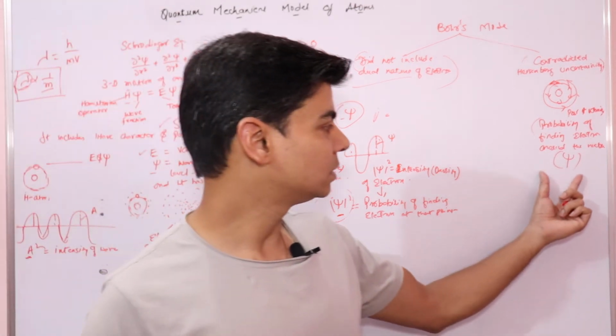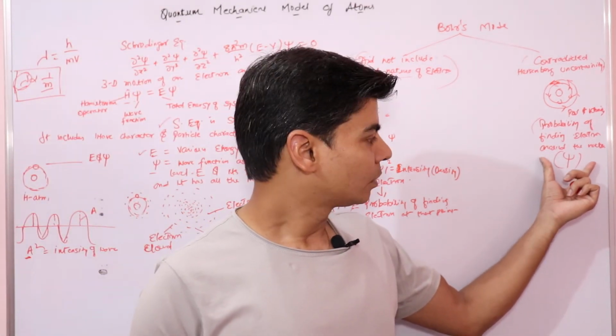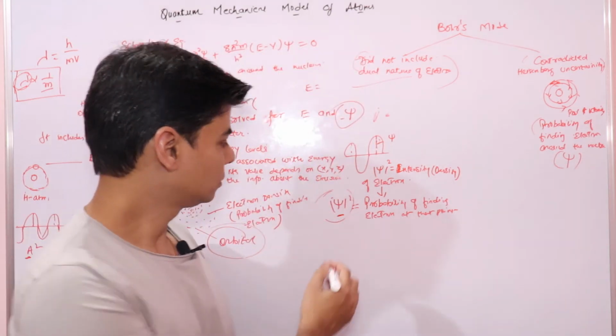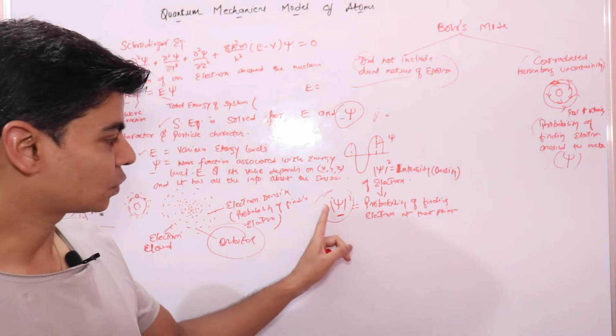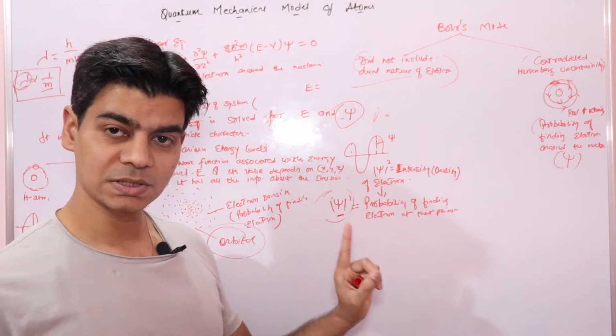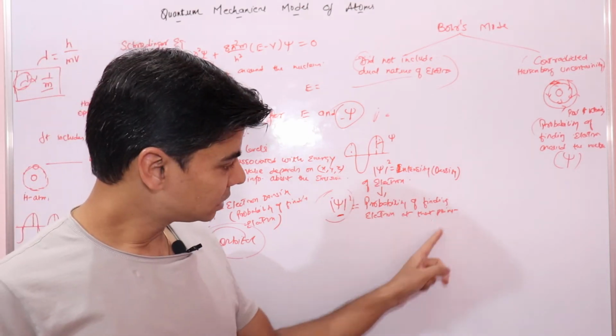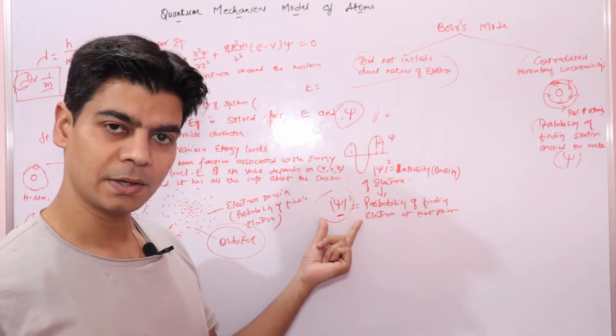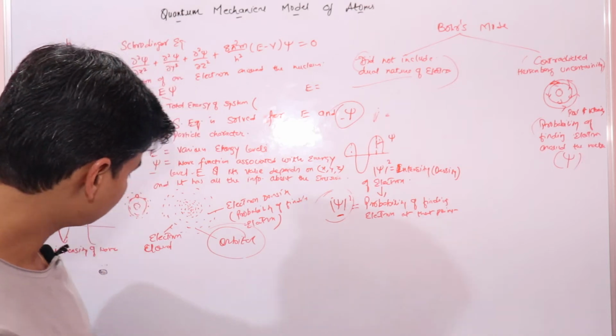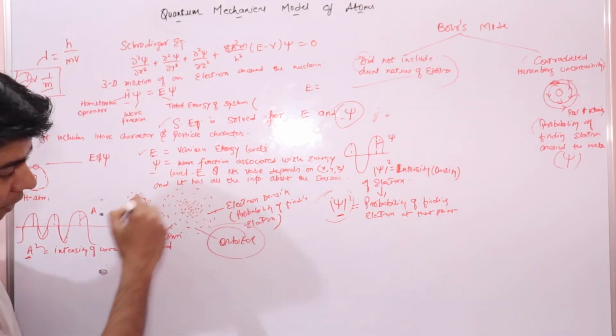And using the value of psi, we calculated the square of psi, right? The square of psi, which comes from the wave function, gave us the probability of finding an electron, right? So using psi square at different points, we constructed this electron cloud, right?